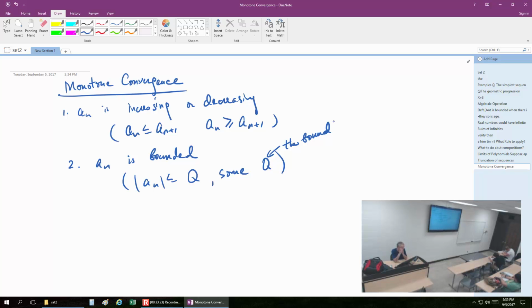So imagine that the sequence is increasing, but it's not allowed to run away into infinity. This one goes to infinity. But suppose there's a bound, and you cannot go above it. Then your behavior has to be like this: you're still increasing, but you have to slow down inevitably, because otherwise you will run into the bound, and you are not allowed to. And then the conclusion is that An converges.